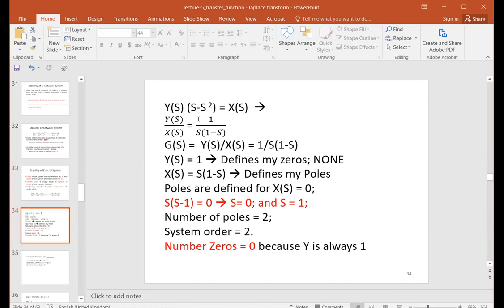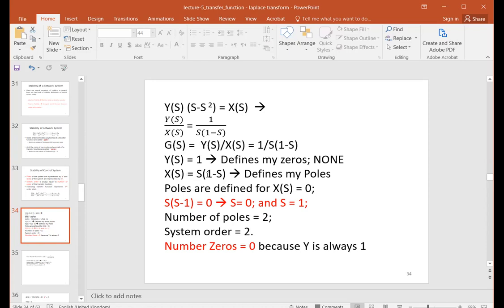Here is an example. Y of s, s squared minus s equals X of S. So you divide Y by X. This is Y divided by S, S minus 1. So we have to solve for this one here. This is my G of S, and Y of S equals 1. Define my zeros here for Y of S: on the top is 1, so there are no zeros.